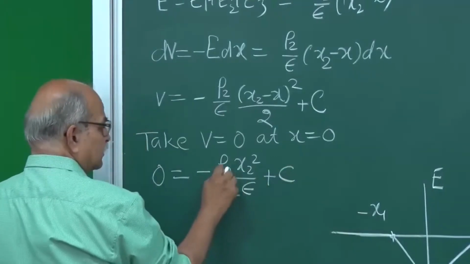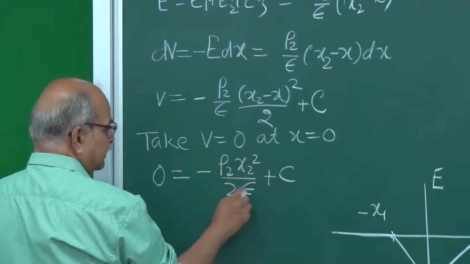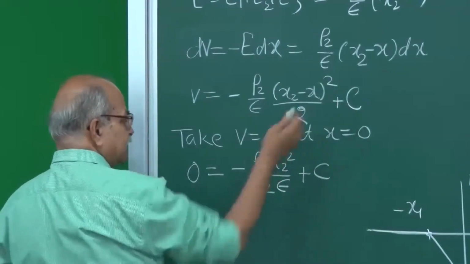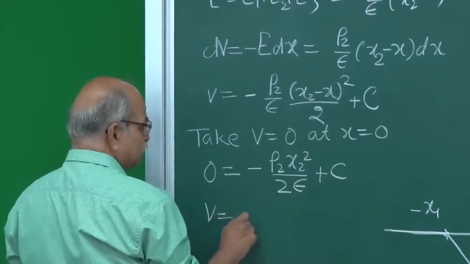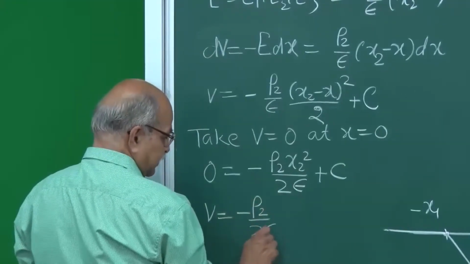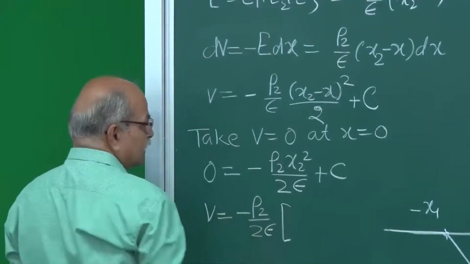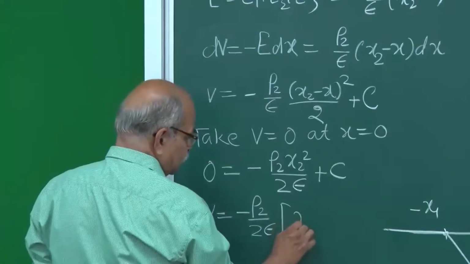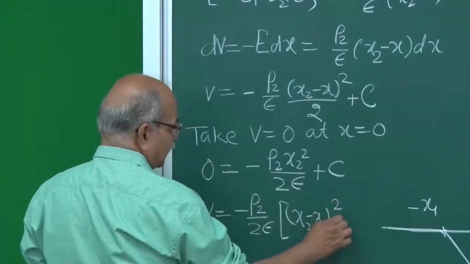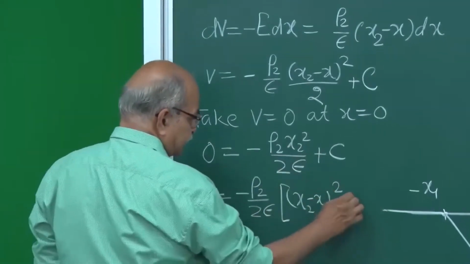So c is rho 2 x2 square by 2 epsilon. You can put that c there, and you get V is equal to minus rho 2 over 2 epsilon, and then x2 minus x whole square minus x2 square.